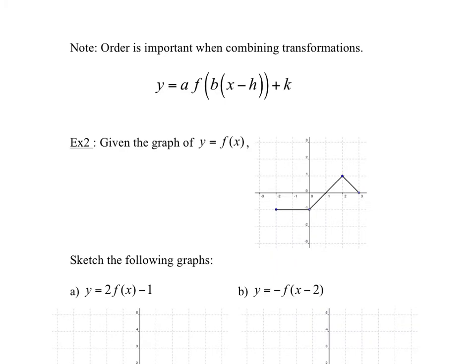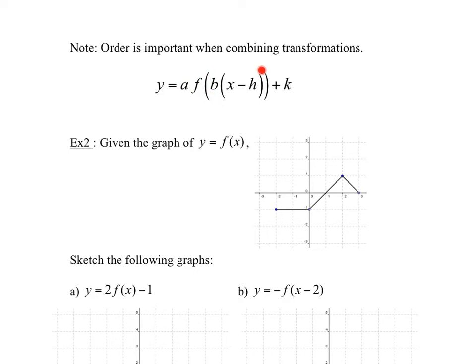Okay, so as mentioned in the previous page, the order is important. I'm going to stay consistent, and I'm going to move left to right. So I'm always going to do this transformation first, second, third, and fourth, just to go over what they do again. This is vertical, right? This would affect the vertical, so this would affect y values. See this b here?